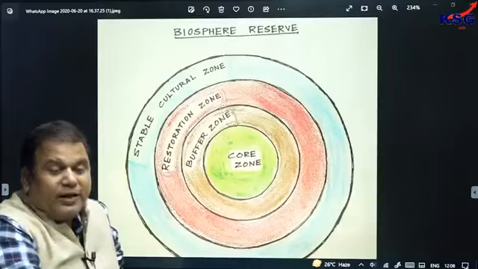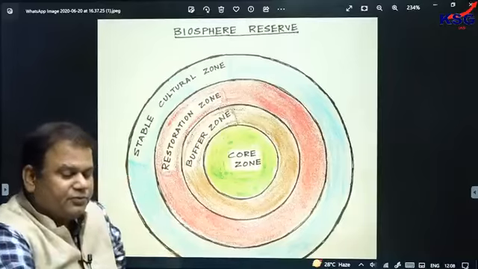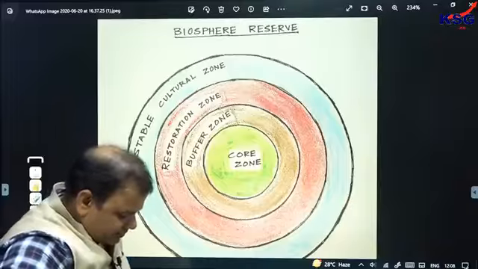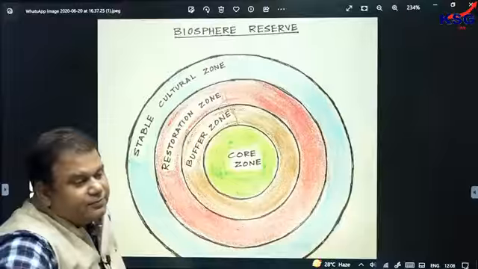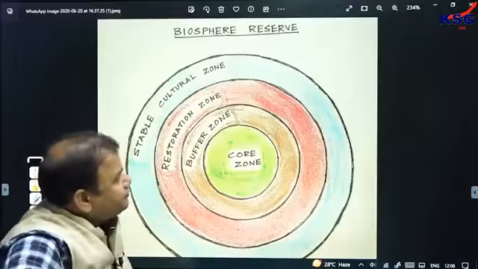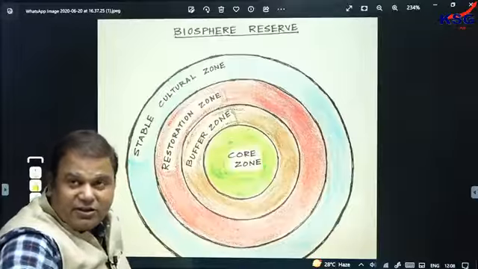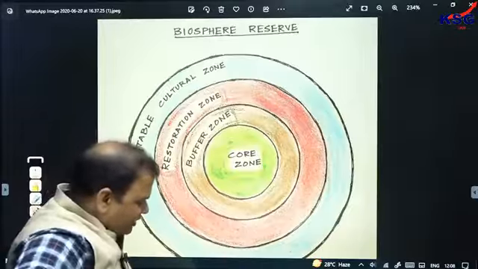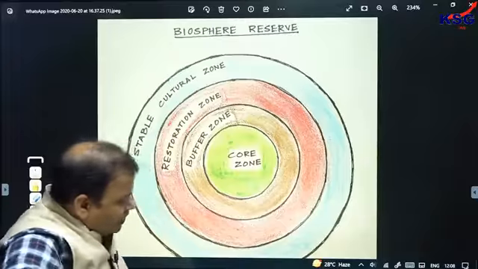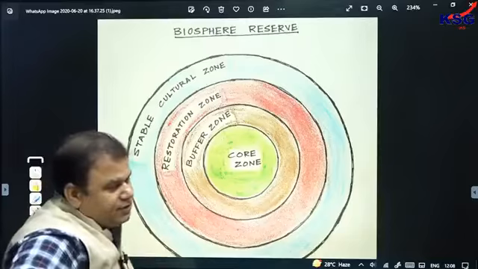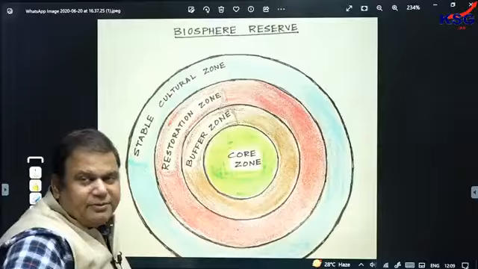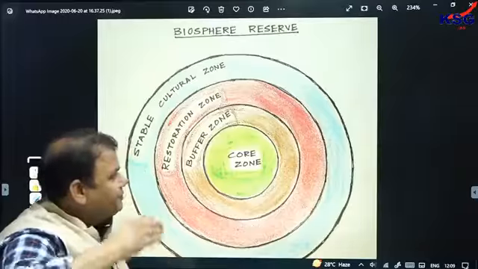Write down, human activities are more strictly regulated in national parks, where hunting, cultivation, harvesting are not at all permissible.